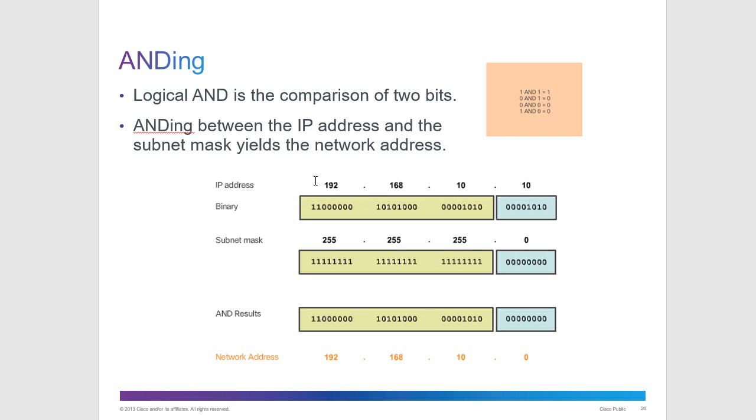You've got its IP address, and you've got the subnet mask down here. Using those binary values, the binary value for your IP address and the binary value for your subnet mask, we can figure out what the network address is of the network that this device is on. And you do that through a process called ANDing.